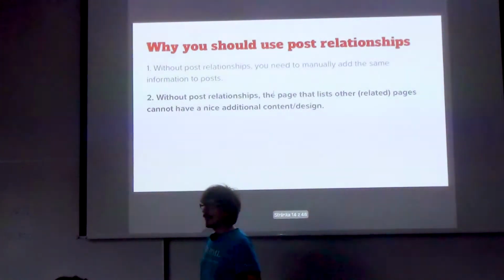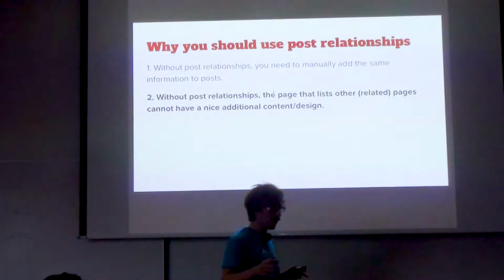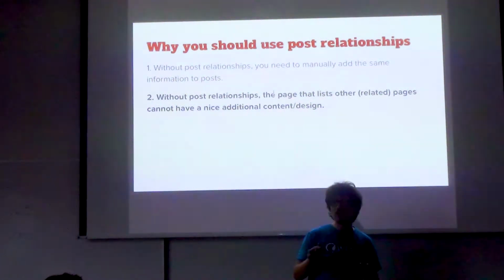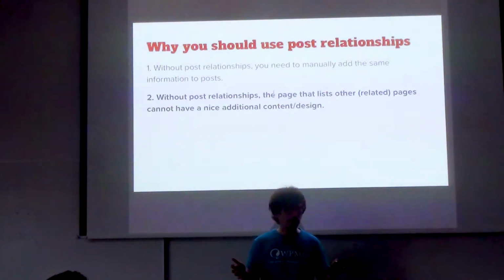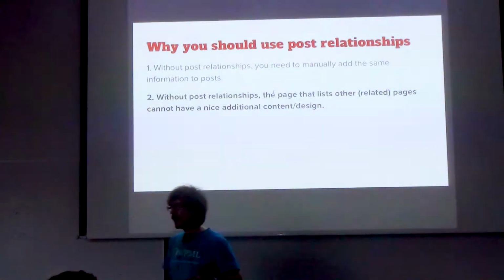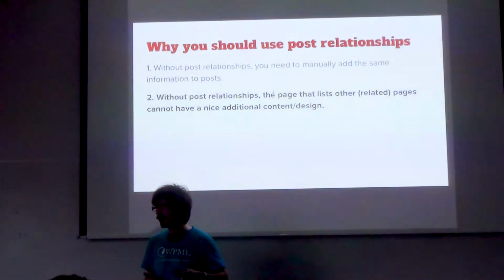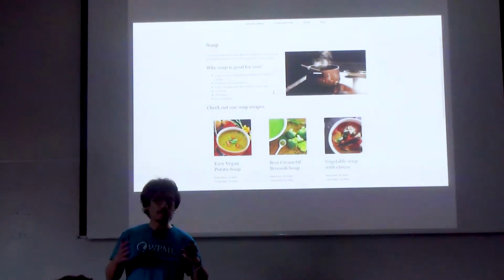And the other part is that, as I said, you could work around this. You could use, maybe, I don't know, a taxonomy for equipment. But then it is much harder to design the page of this related content.